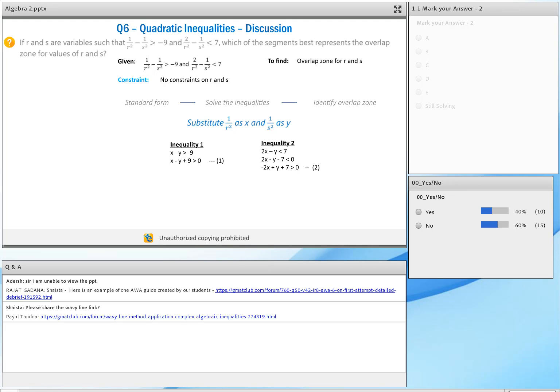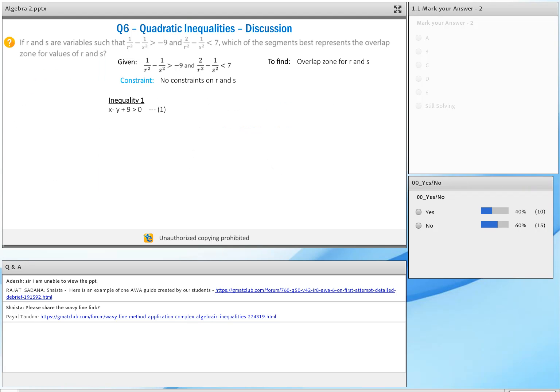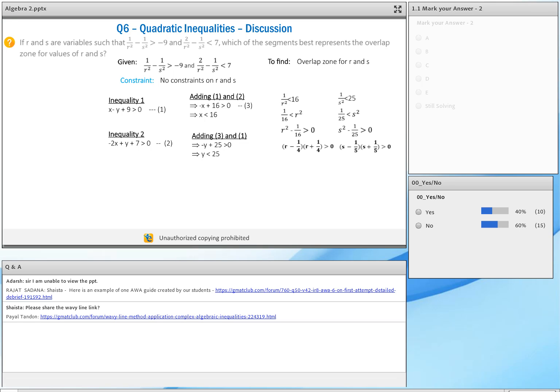All right, so we do this and solve the inequality, and what we get is x is less than 16 and y is less than 25, which means 1 by r square is less than 16 and 1 by s square is less than 25.